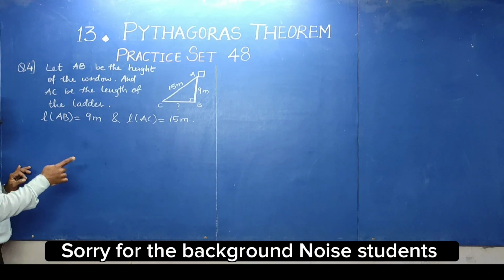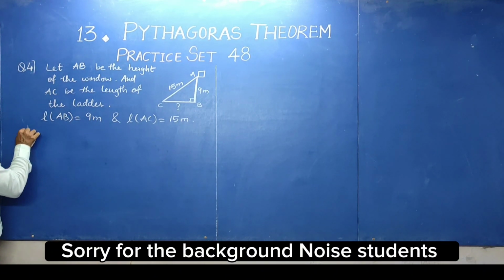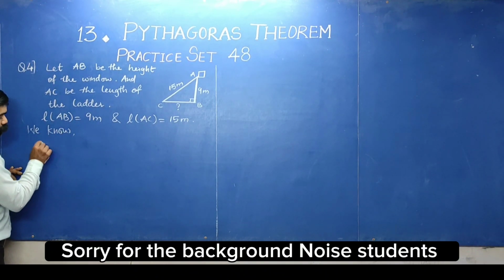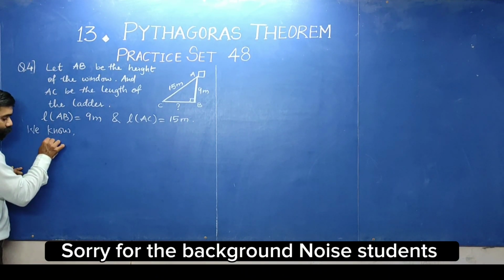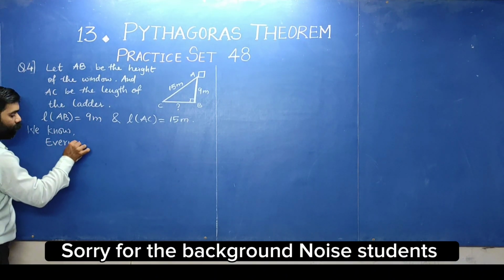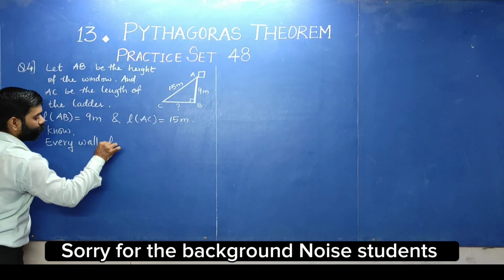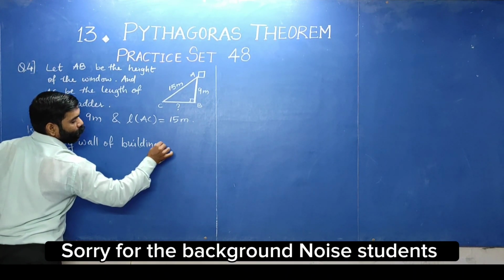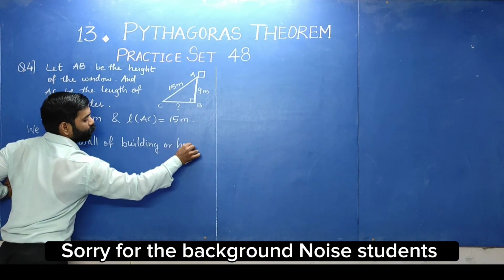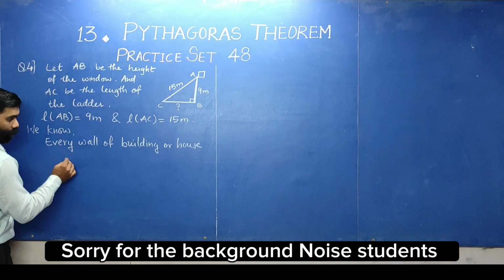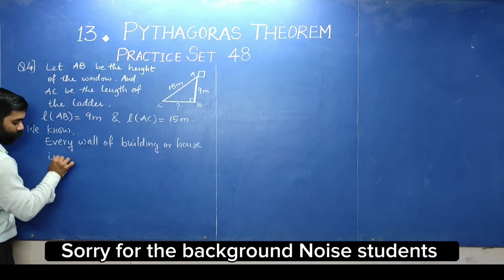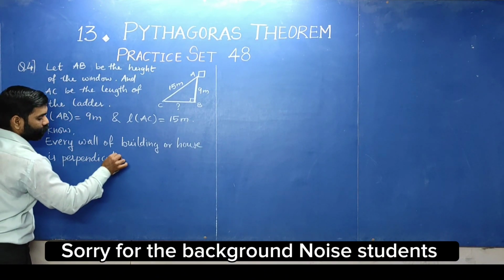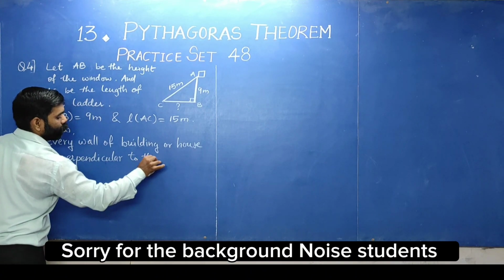Now we got both the things. Now we will write. We know every wall of a building or house is perpendicular to the ground.